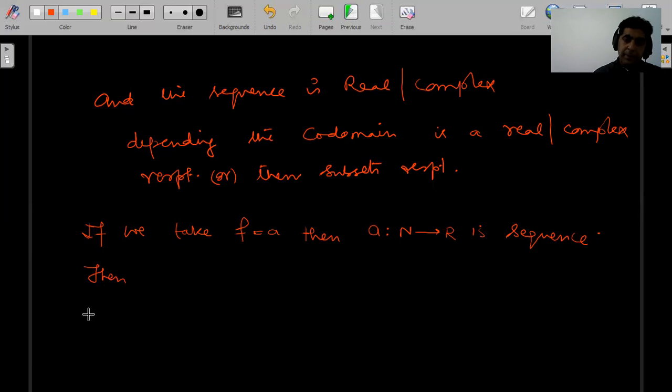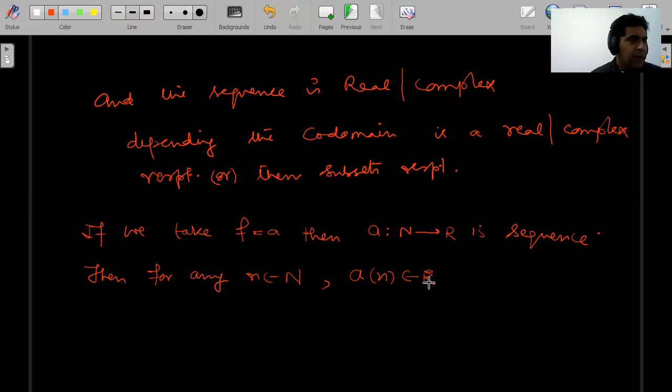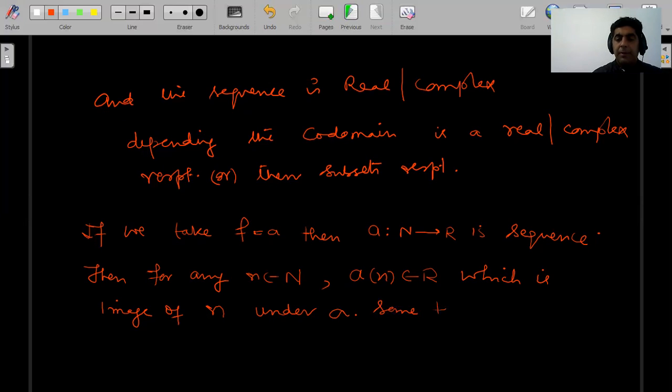Then for any n belongs to N, An belongs to R, which is the image of n under A. Sometimes we denote A(n) by An.